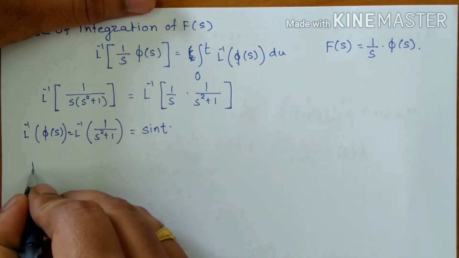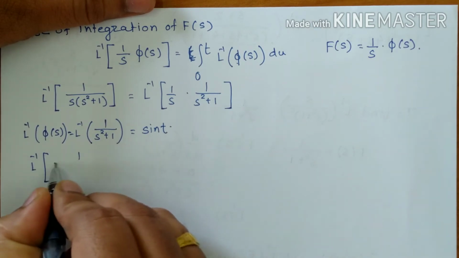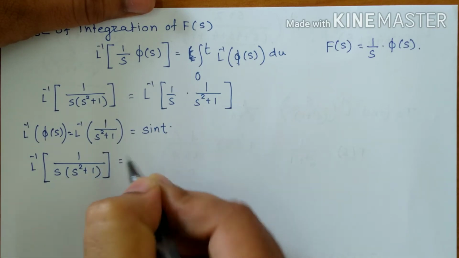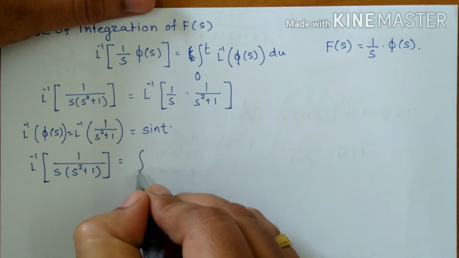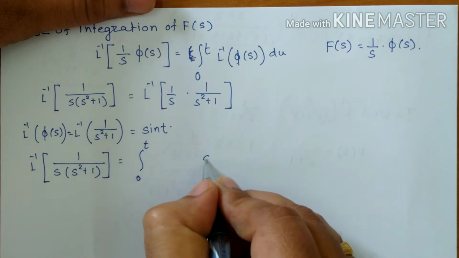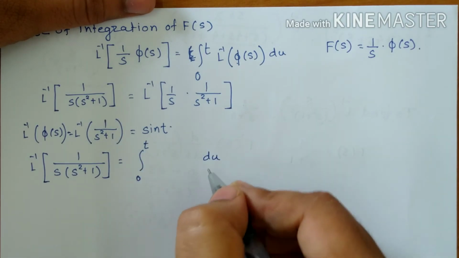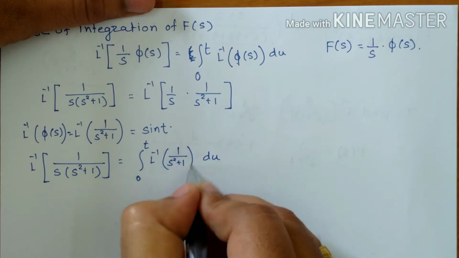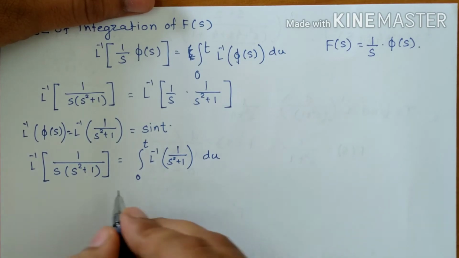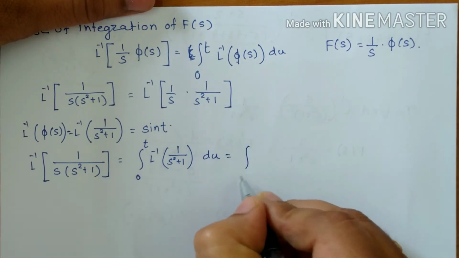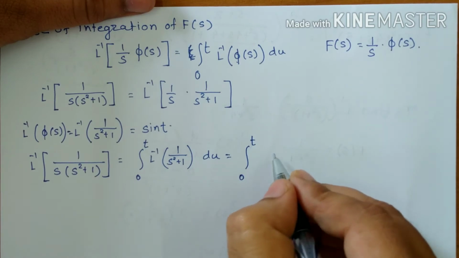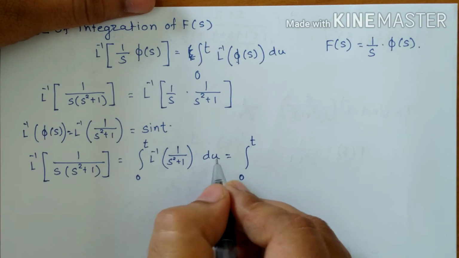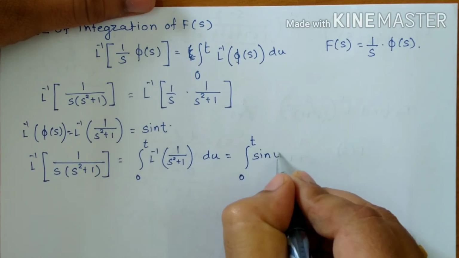So hence L inverse of 1 upon s into s square plus 1 is equal to, the impact of 1 upon s is integration from 0 to t, integration is with respect to u, into L inverse of phi of s, that is 1 upon s square plus 1. So this is equal to integration from 0 to t. The inverse Laplace of this is sin t, but here I am integrating with respect to u, hence I would like to write it as sin u du.